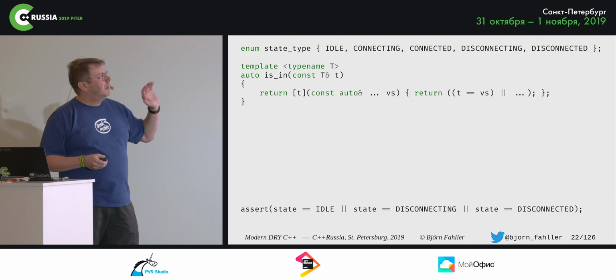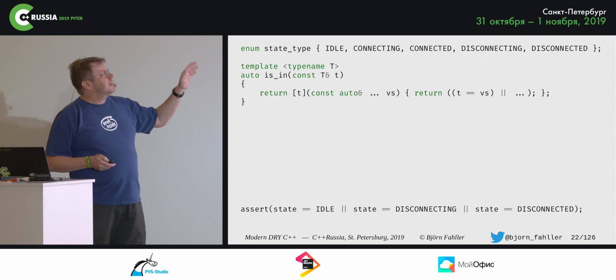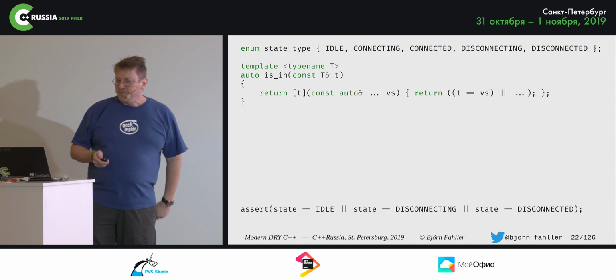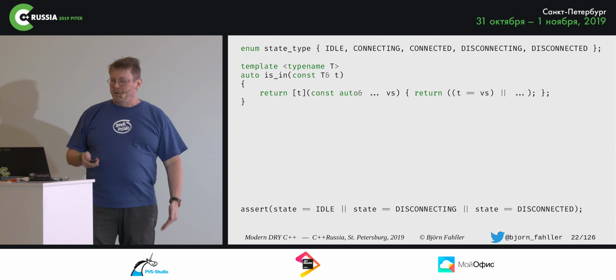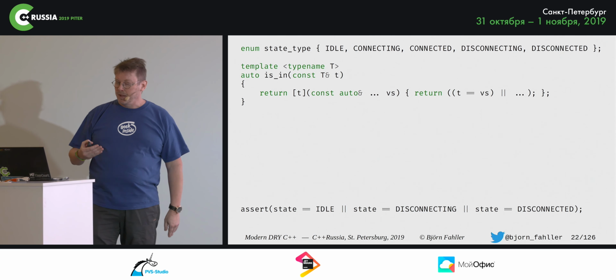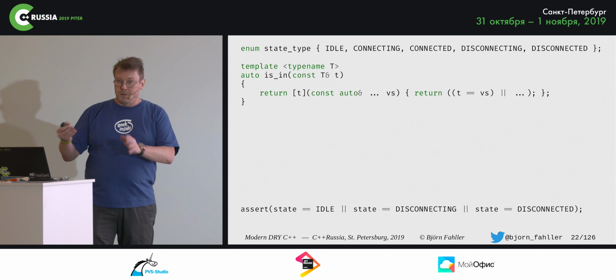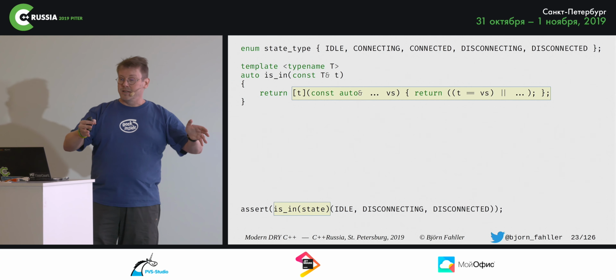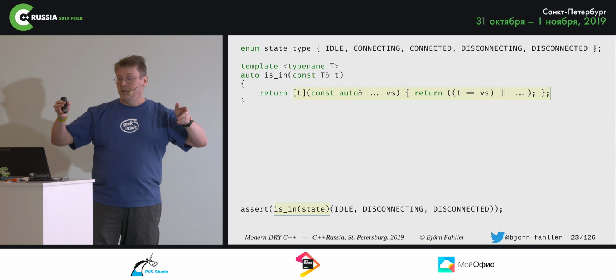So we have is in that takes some type that returns a lambda. The lambda takes a number of values and returns the result of the fold expression that you've seen before. So when we say is in state, that is this lambda.